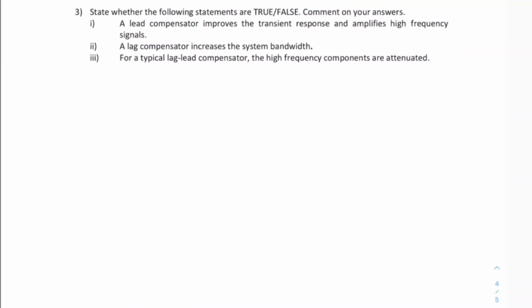Now there are three statements made in the question, and we have to determine whether they are true or false. So coming to the first part, a lead compensator improves the transient response and amplifies high frequency signal. So this statement is true.